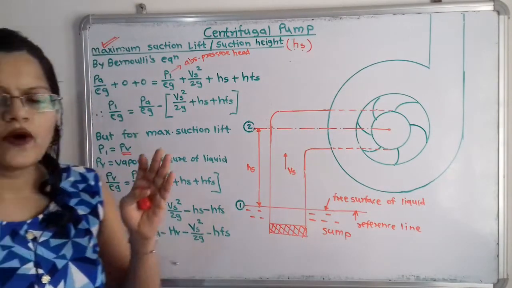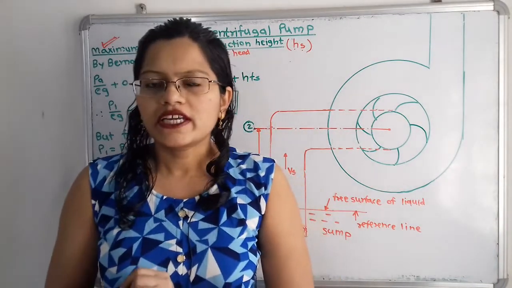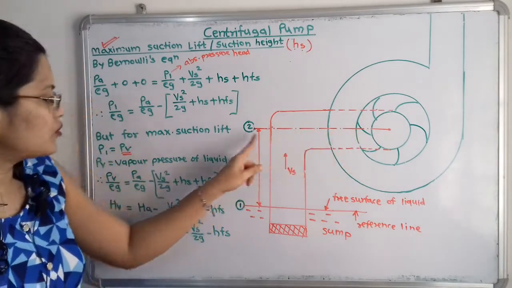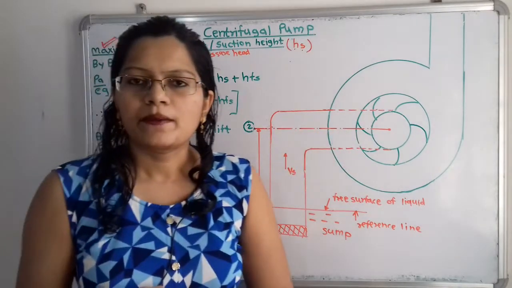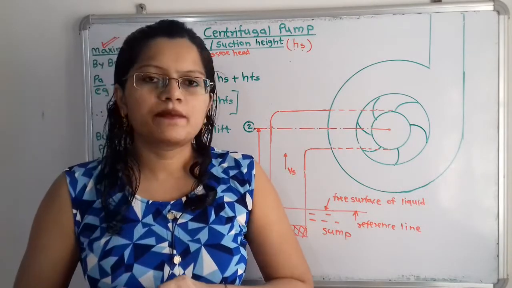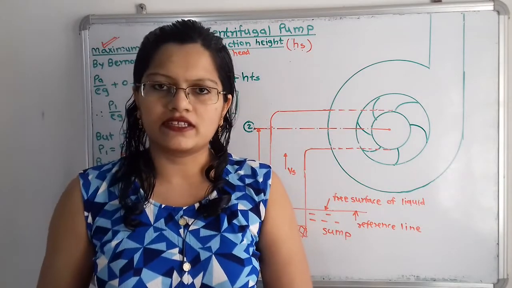Now what is vapor pressure, and why should we not increase the pressure at this section 2 greater than this Pv? Because when the pressure is increased, the temperature is also increased.